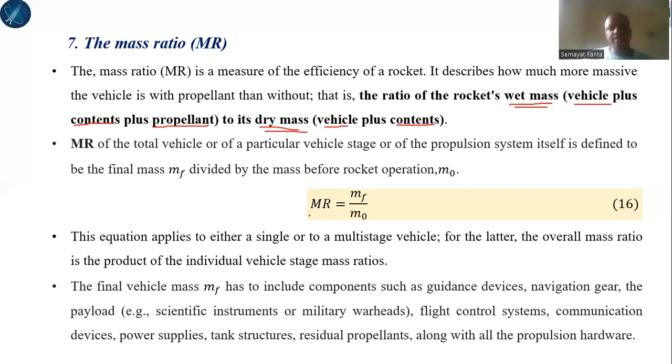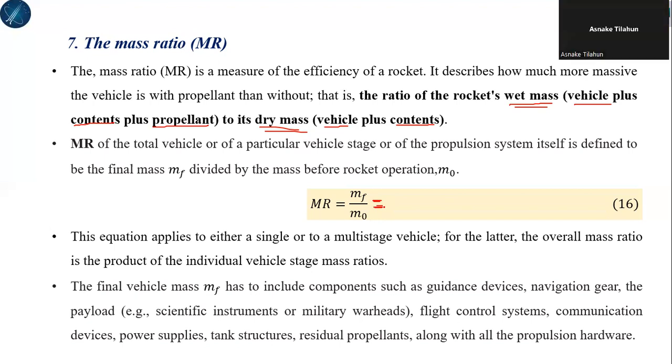So mass ratio is equal to mass of fuel. This MF is equal to fuel mass. Or here we can take fuel and oxidizer. No, in this case no. That one is the stoichiometric ratio, or later the mixture ratio.